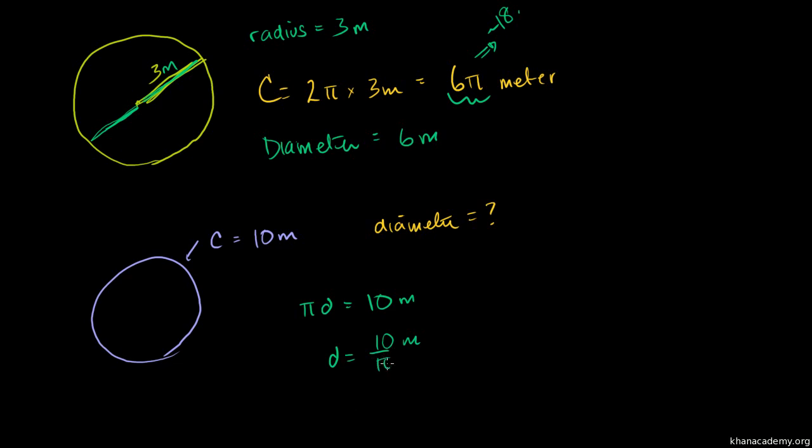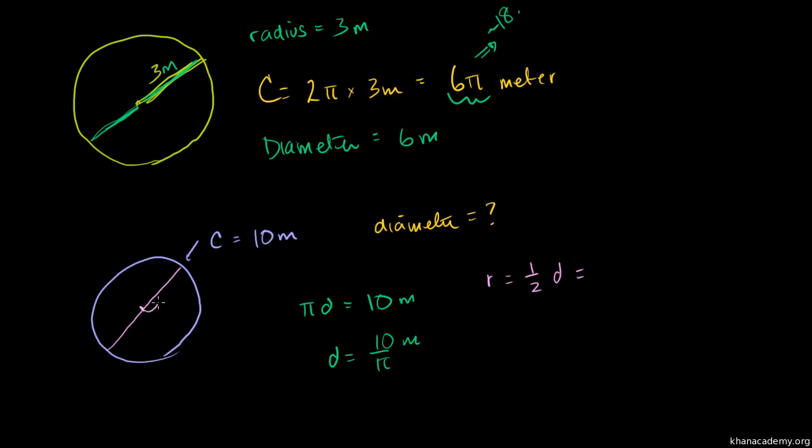And that is just a number. If you have your calculator, you could actually divide 10 divided by 3.14159. You're going to get 3 point something something something meters. I can't do it in my head. But this is just a number. But for simplicity, we often just leave it that way. Now, what is the radius? Well, the radius is equal to 1/2 the diameter. So this whole distance right here is 10 over pi meters.